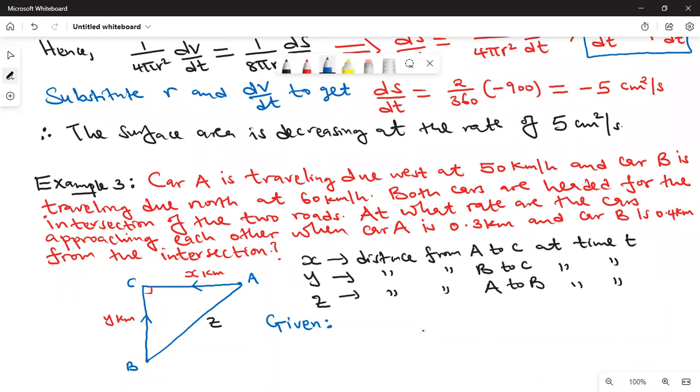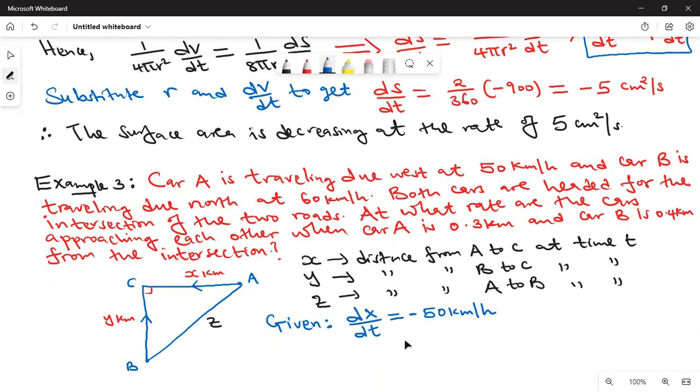So that simply means that dx/dt, which is the speed, you see it is negative because x is decreasing. So negative 50 kilometers per hour.